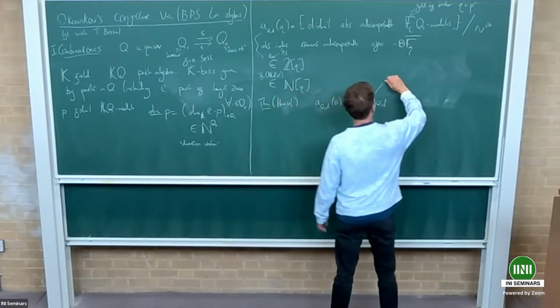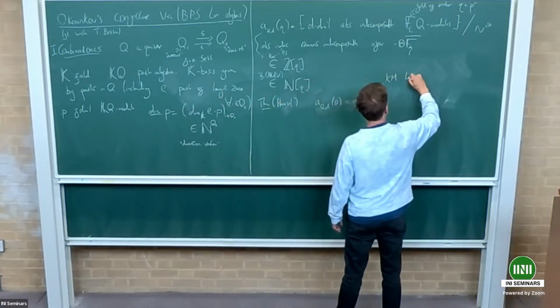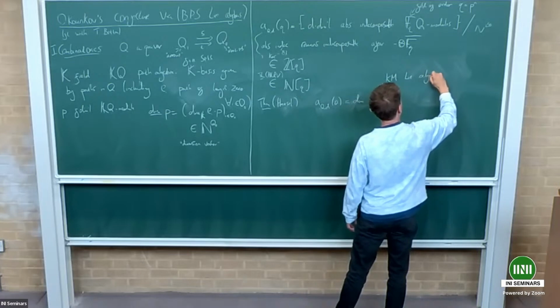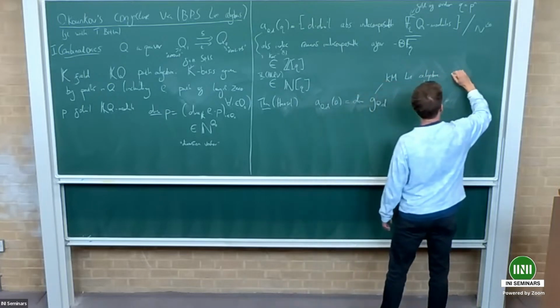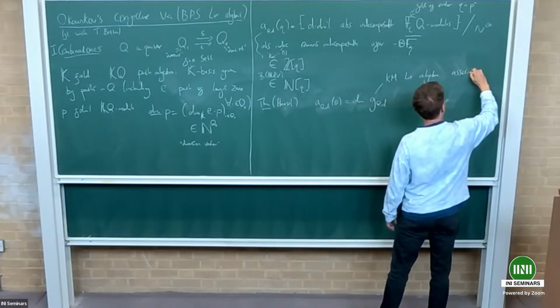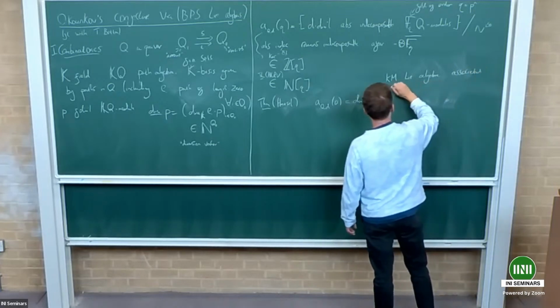So this is the Kac-Moody Lie algebra associated to the underlying graph.